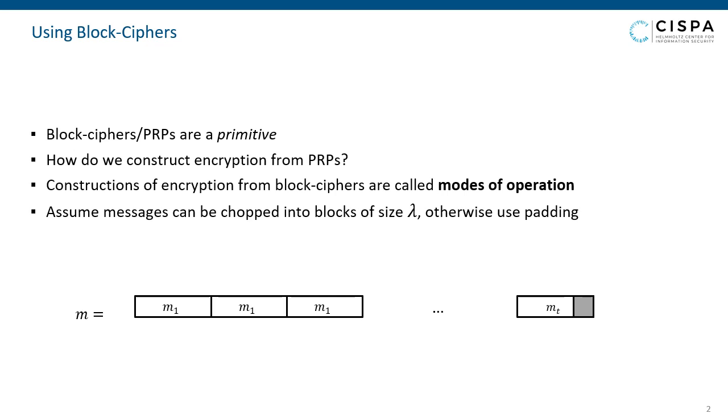That is, you chop it into blocks M1, M2 and so forth until MT. It might be that the last message doesn't fill the last block entirely. What we do in this case is we typically just pad it, for instance with all zeros or with a terminator symbol. Let's say we pad this with 0 to the K.